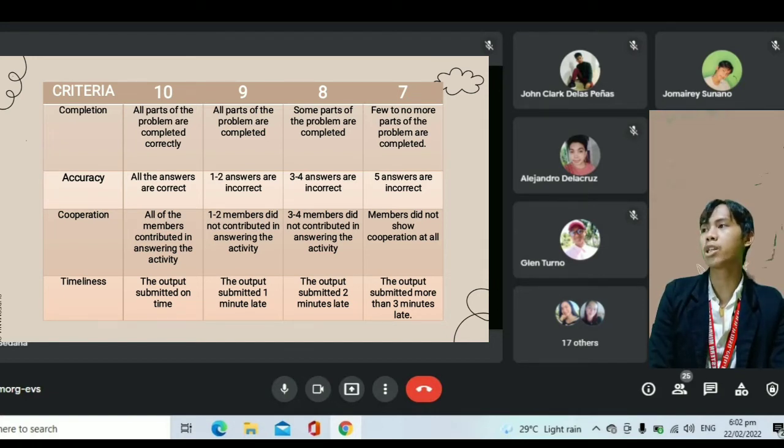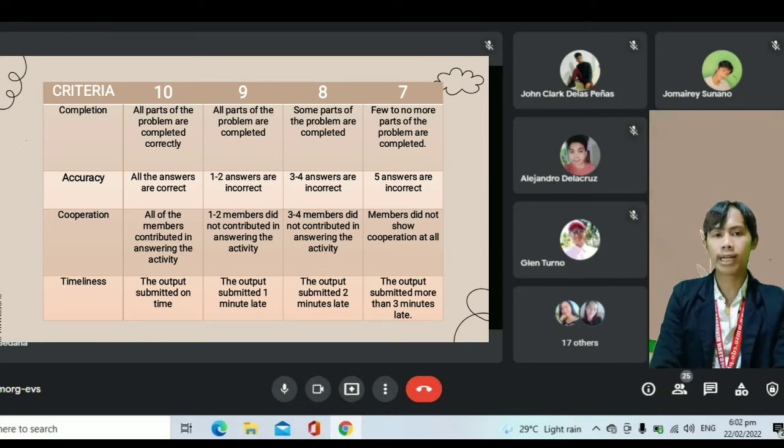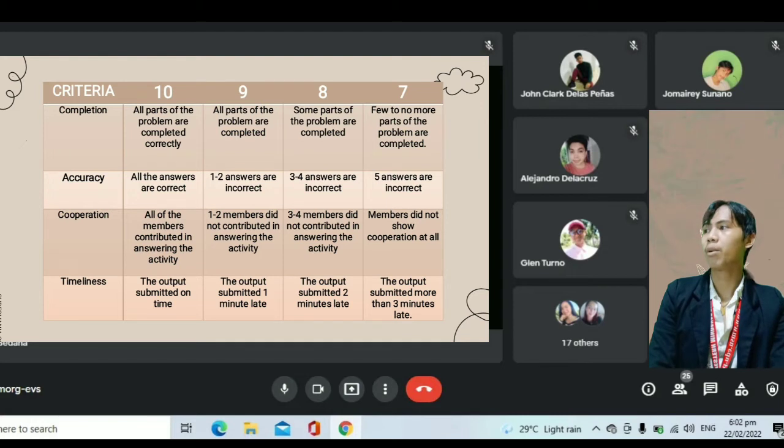If members did not show cooperation at all, you will receive 7. And for the timeliness, you will receive 10 if the output is submitted on time, 9 if submitted 1 minute late, 8 if submitted 2 minutes late, and 7 if submitted more than 3 minutes late.